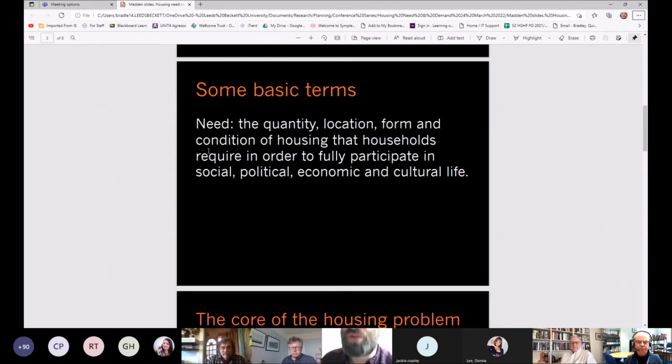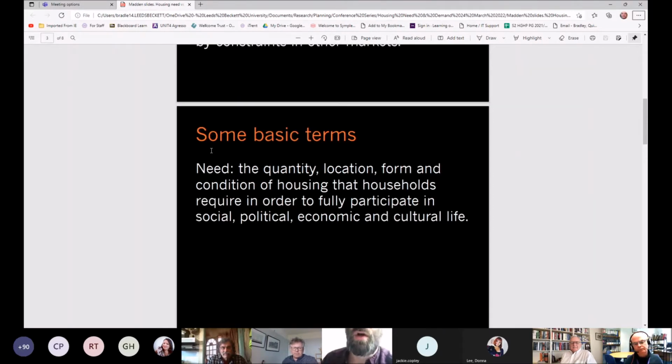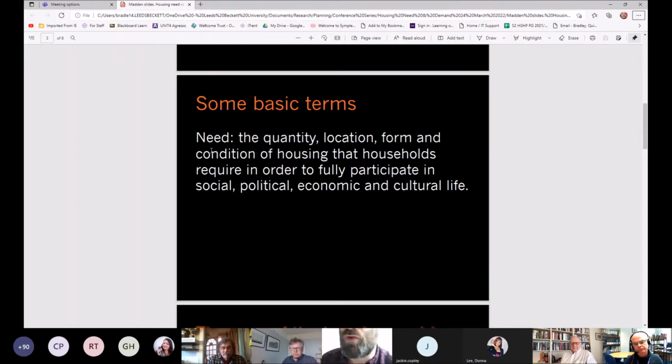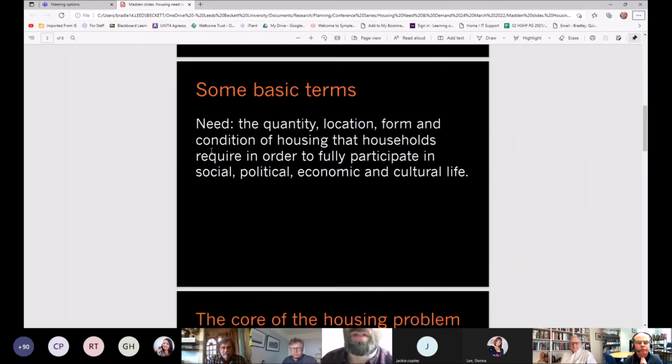Need is also multifunctional because people need housing for an infinite variety of reasons for shelter, for social life, for supporting creative endeavors, for creating a private sphere, for participating in public spheres, for a whole host of economic, cultural, symbolic, and political reasons. As a result, need is unoptimizable.